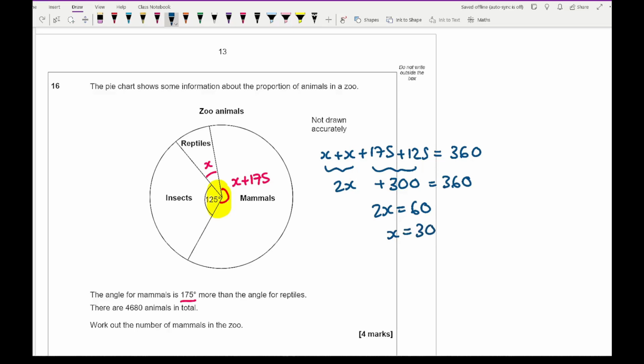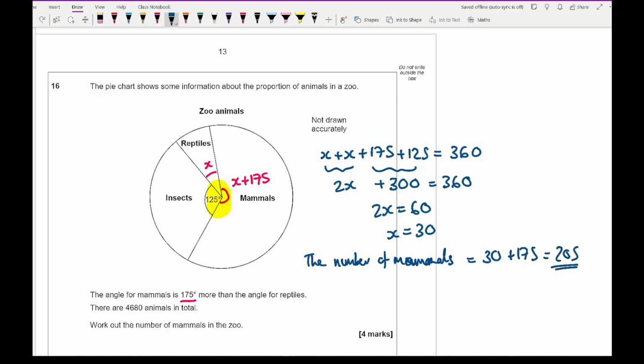So then from this, the number of mammals is going to be 30 plus 175, which is 205.